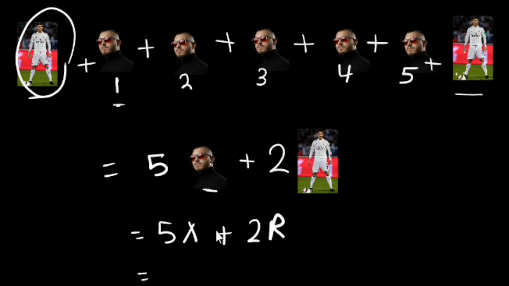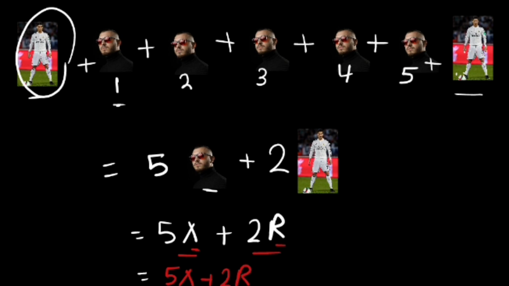I can't add these together because they are different. It's not about numbers, it's about variables. Look at x here and I have r, they are different. So I will leave it the same, 5x plus 2r. And this is the final answer.